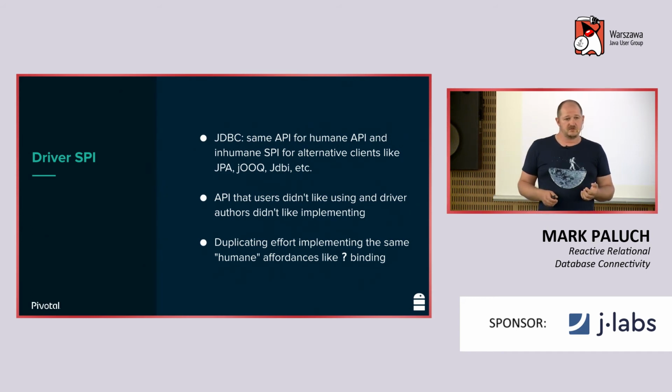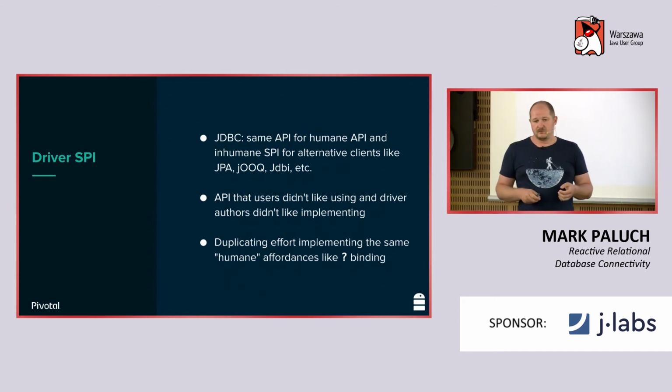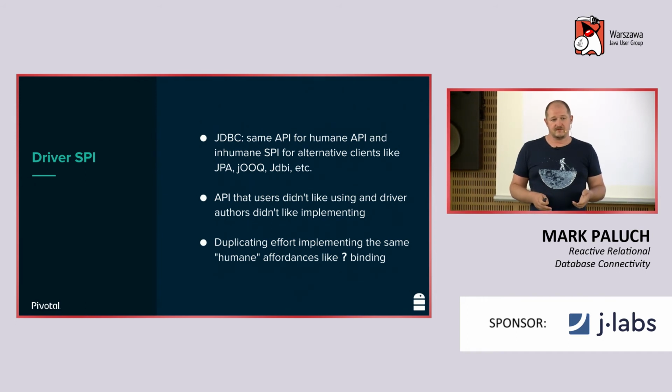And we wanted to come up with a modern SPI and wanted to leave this client part to where it really belongs, to client developers, and only abstract away that part which differs from database to database. And these are typically the protocol-specific things. Now, with JDBC, as I mentioned, we have things like Spring, MyBatis, and so on and so on.